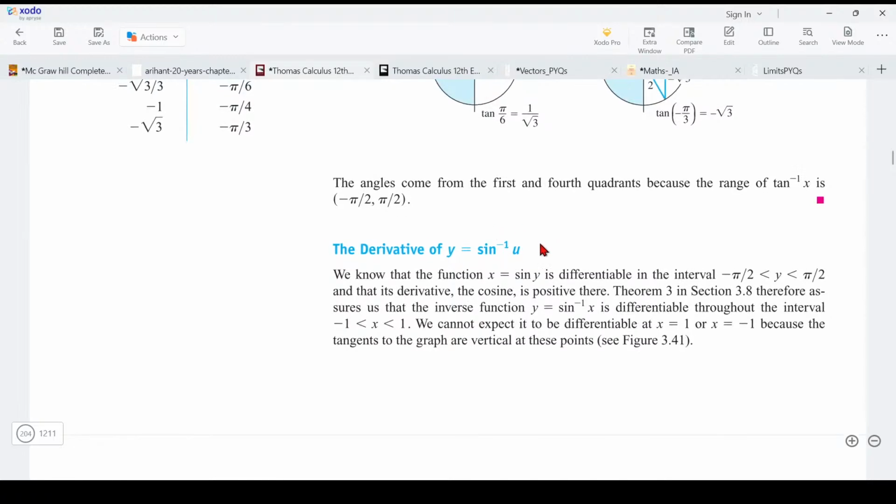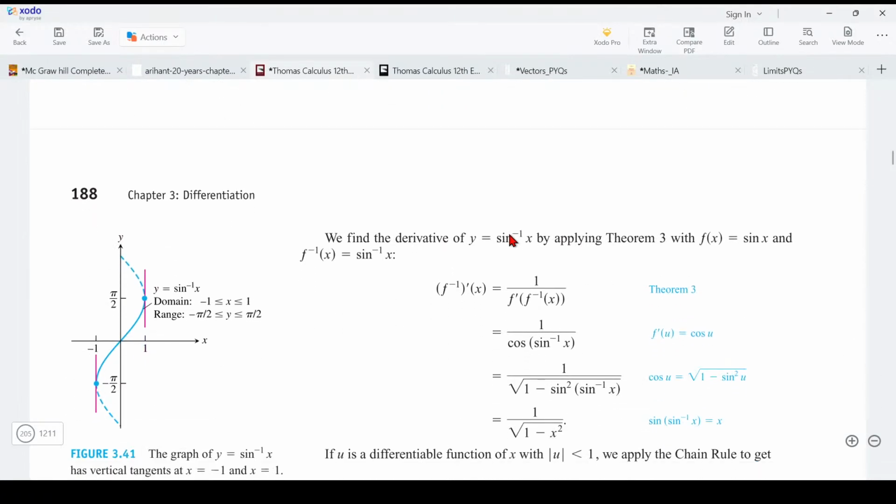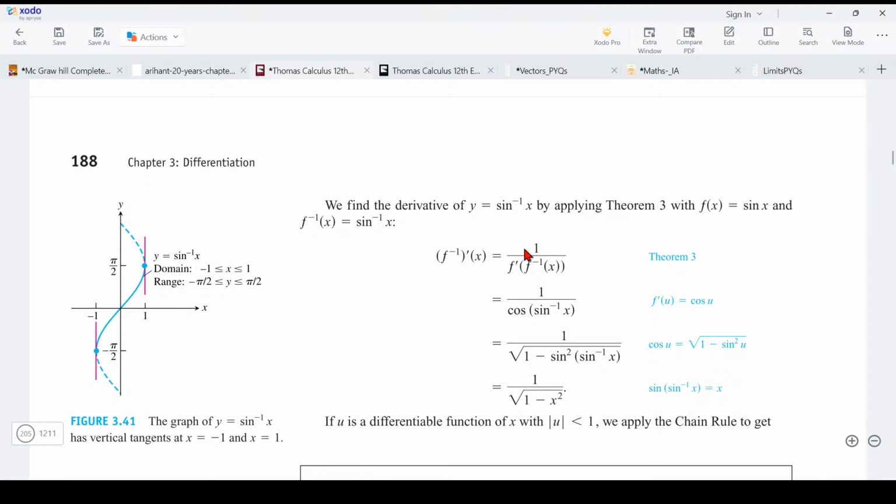What we are doing is sine inverse of u. So the F inverse slope is 1 by the slope of f dash, at which point? At whatever is the corresponding point. That's why we are getting 1 by under root 1 minus x square. Understood this?